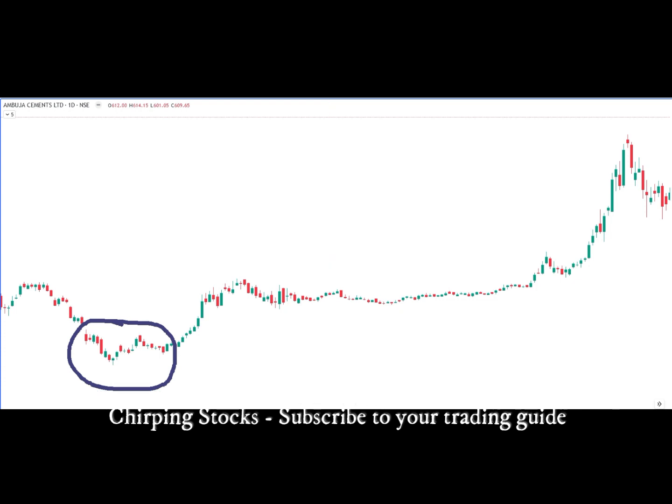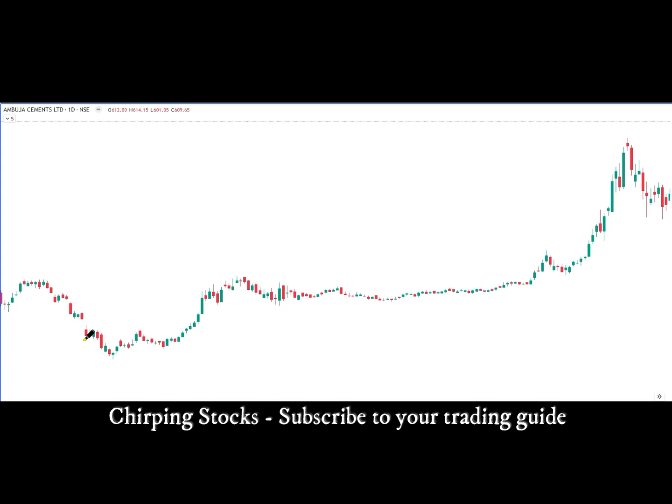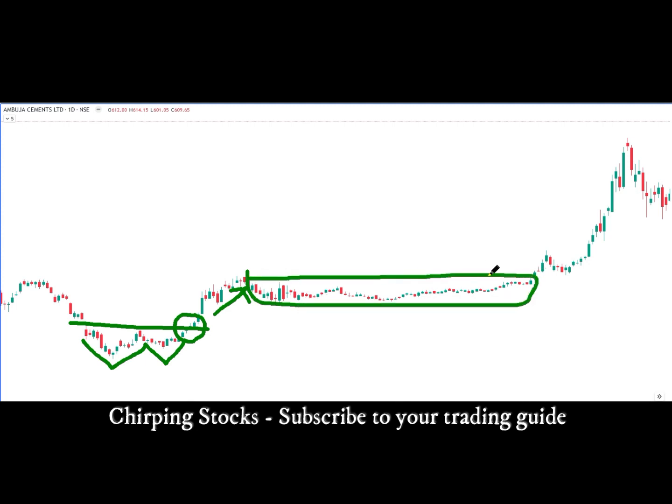As you can see, it is evident that a W structure got formed and its resistance around here got broken somewhere here, then it came up. It stayed in this particular region for a lot of time, and we are talking about days, so a lot of days.